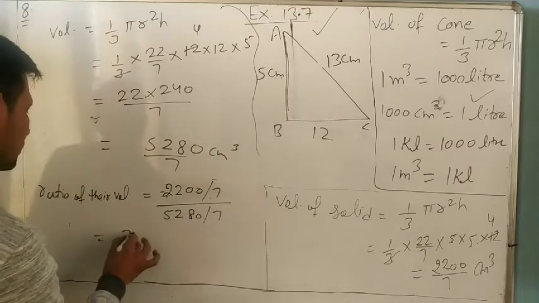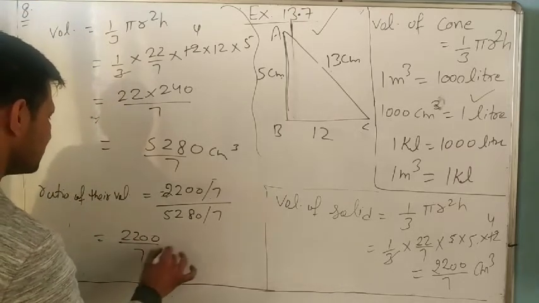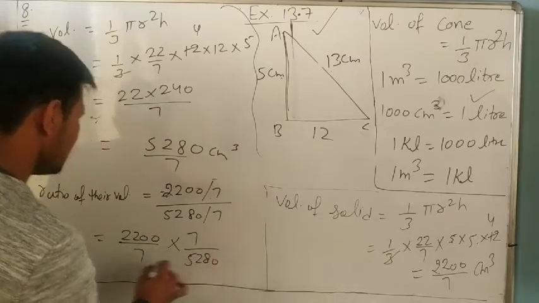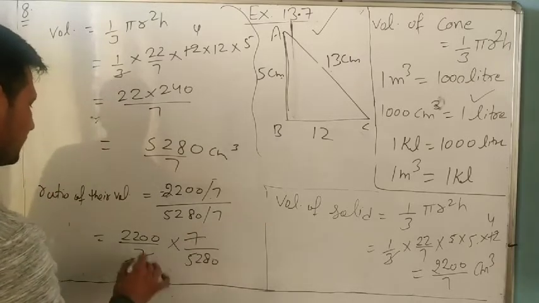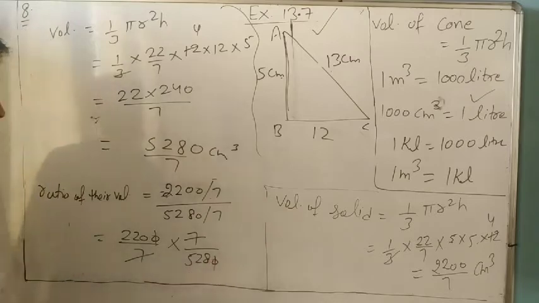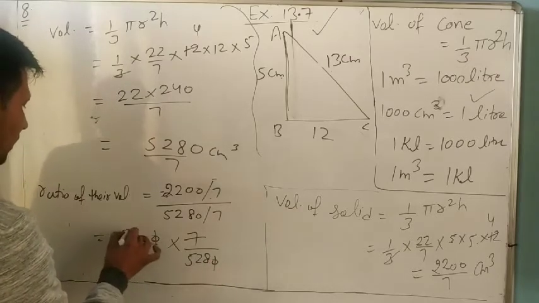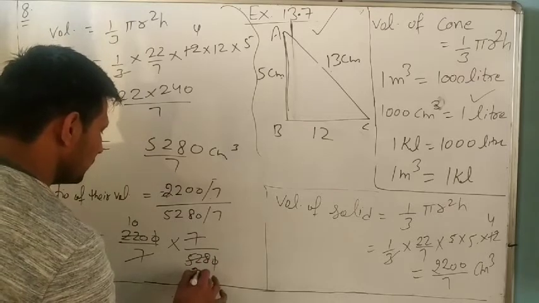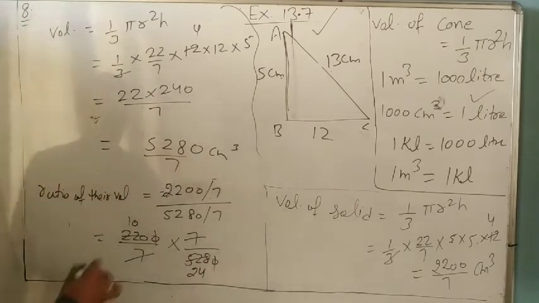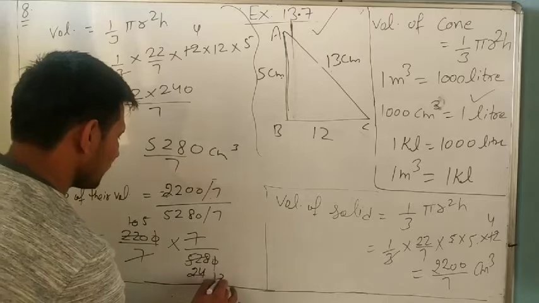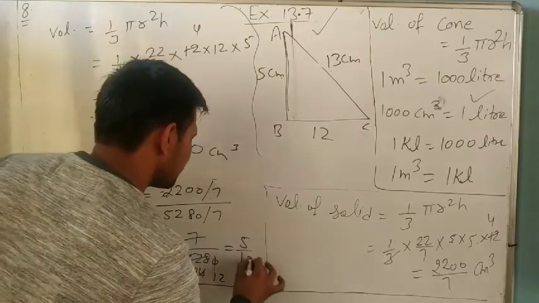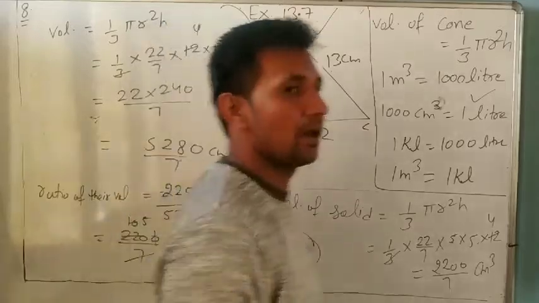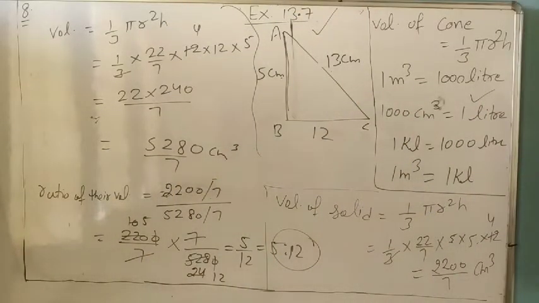So it becomes 220 divided by 7 into 7 divided. Yes, 7 cancel 7, 0 cancel 0. Now 22 1 ja, 22 2 ja, 22 4 ja. Now 2 5 12. So what is the ratio? 5 12. So what is the ratio of their volumes? 5:12. Understand? So do this question yourself.